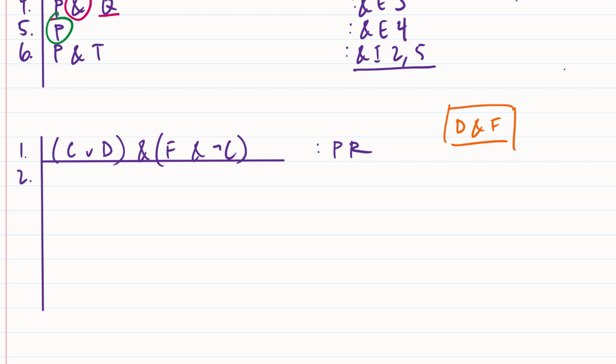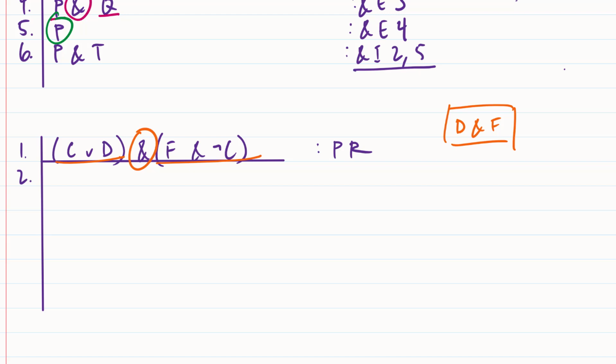Okay, so in this sentence that we have here on line 1, the main connective is this ampersand. So that means if we are going to use conjunction elim, which is the only thing we can do actually, then we can put either this, C or D, or this, F and not C, on line 2.